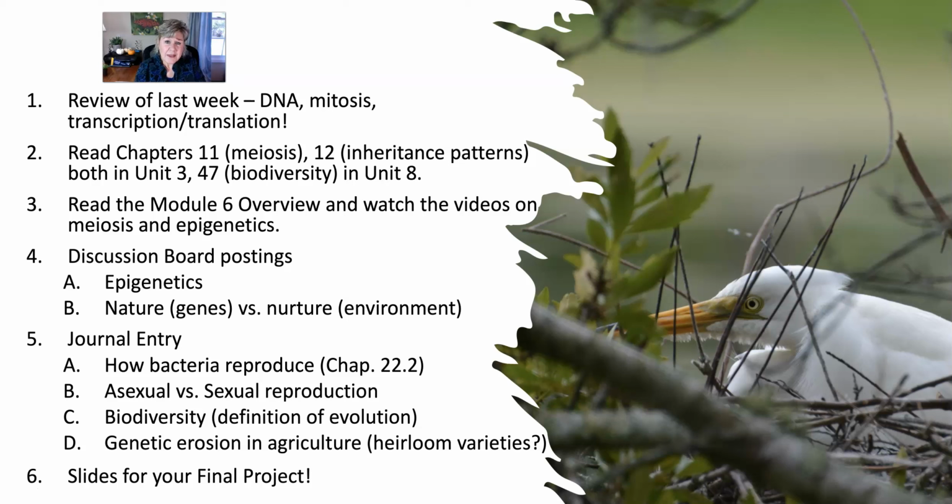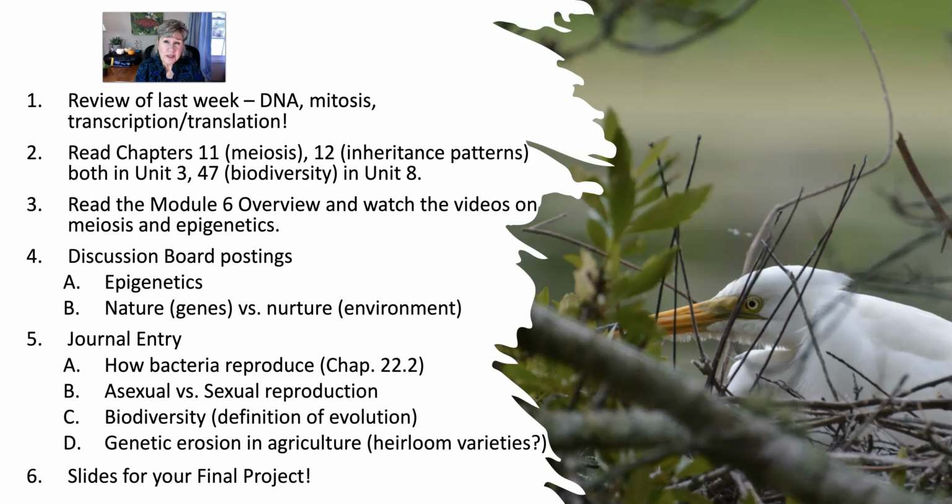And then chapter 47, which is way at the end of the textbook, which is about biodiversity. And there's all kinds of biodiversity. There's biodiversity of genes. There's biodiversity in number of species in a community. There's biodiversity really even in ecosystems. So this is just a diverse number of items like genes in a particular species so that you have continuation of that species on into the future.